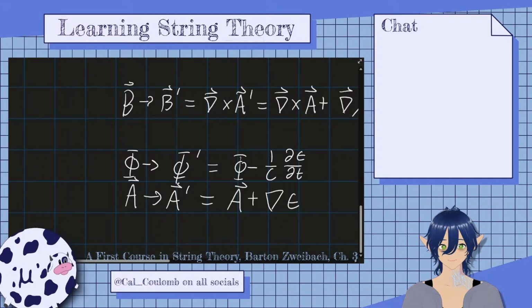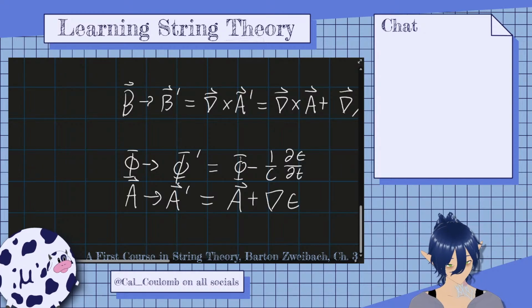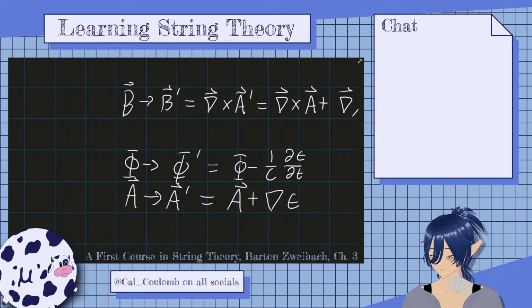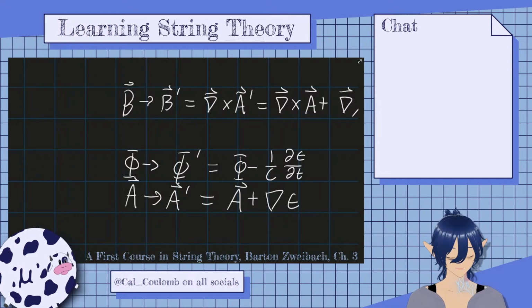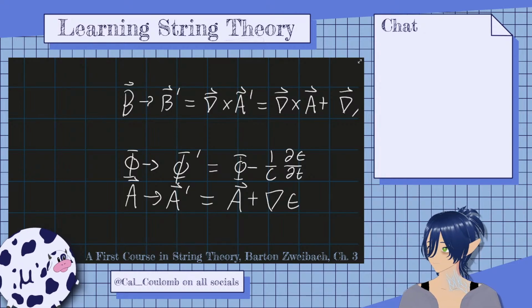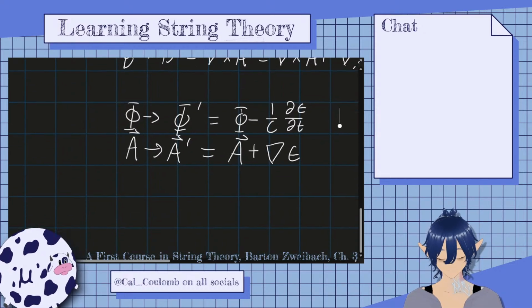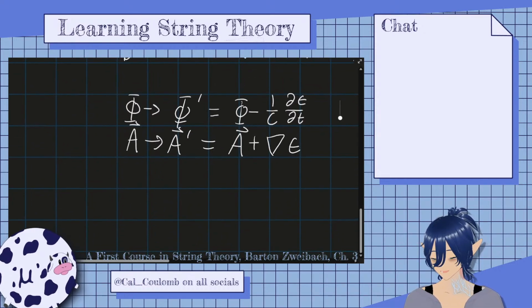So we add on a gradient of some function to the vector potential, and we subtract off 1 over c times the partial derivative with respect to time of that function from the scalar potential. Okay. Neither B nor E is changed.